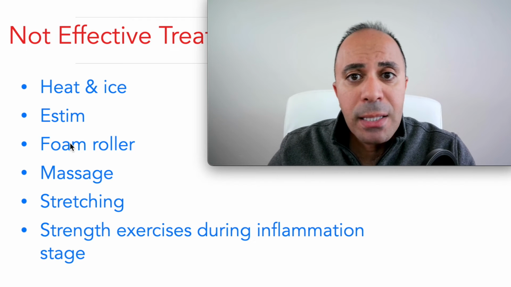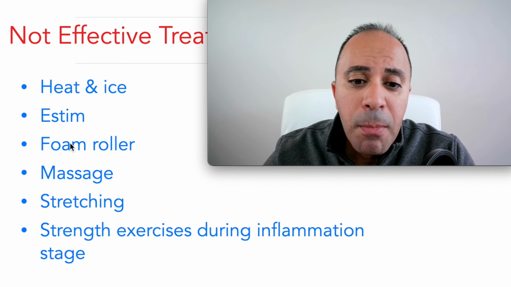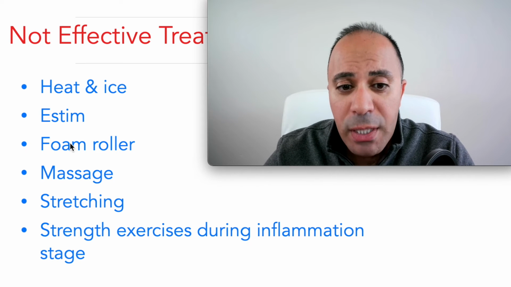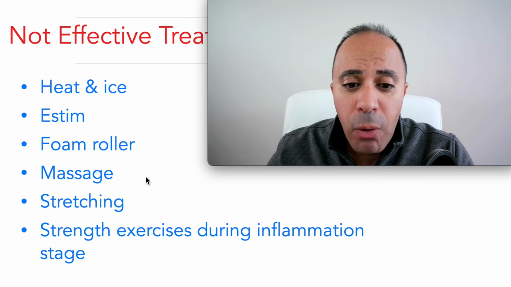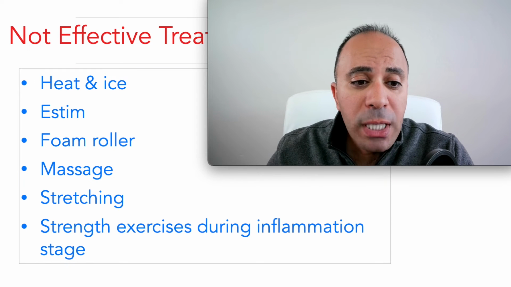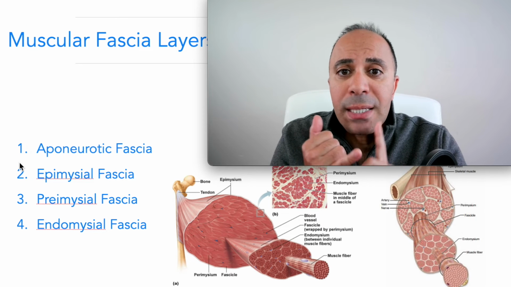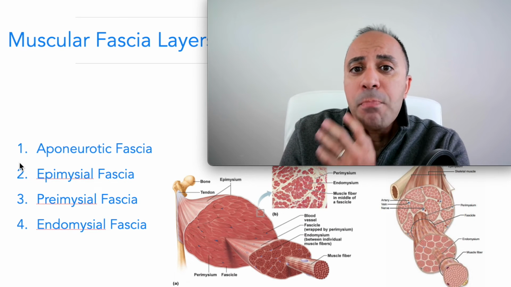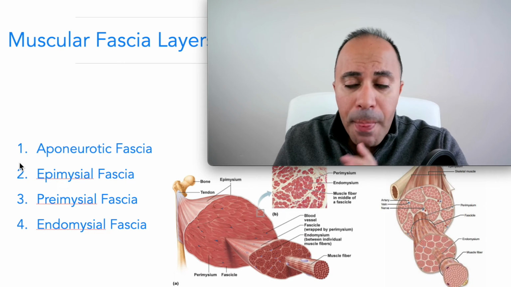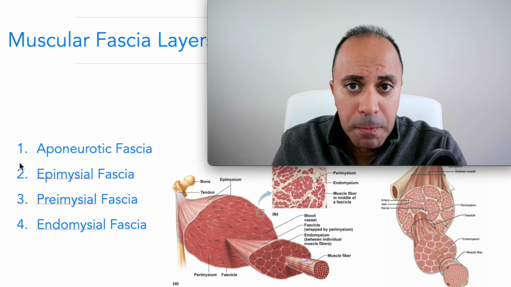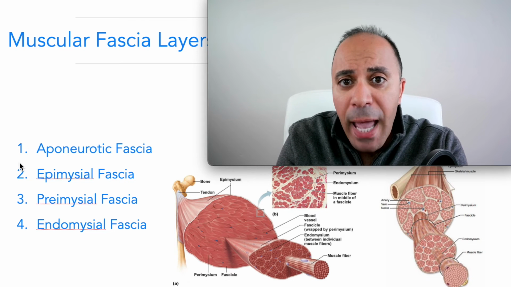The second thing that's used very commonly and marketed in a lot of places is the foam roller to release the fascia system. It's anatomically impossible with the foam roller, and I would combine it with massage, to release the fascia system, because when we look at the anatomy of the fascia system, there's a deep fascia that the foam roller impossibly can go deep enough to release: the epimysium, the perimysium, the endomysium. Basically, rubbing over the fascia layer will not release it.